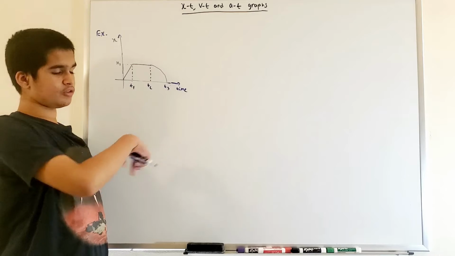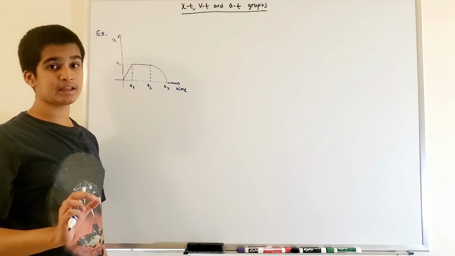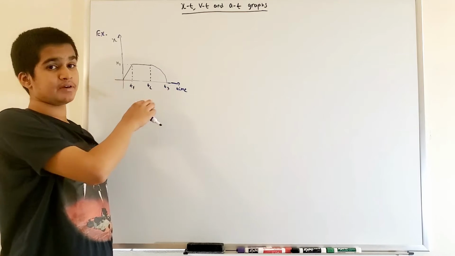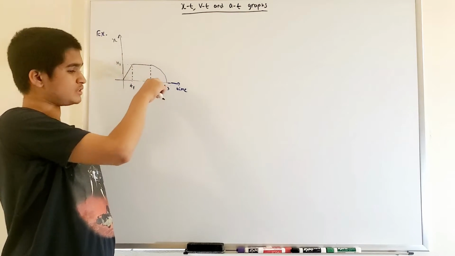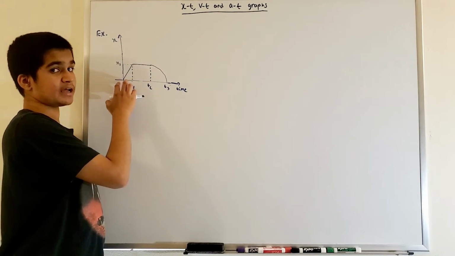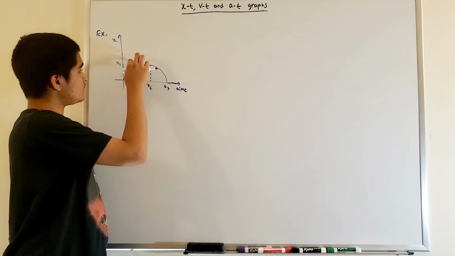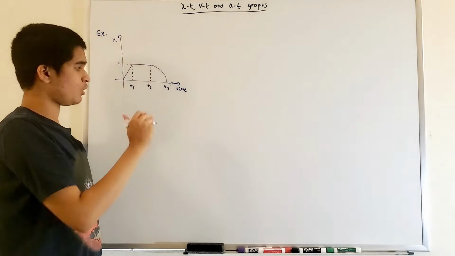Before we start to draw the velocity time graph and the acceleration time graph, let us first try to analyze how the object is behaving if it undergoes this displacement time graph. So we can see that the object is going to start at a displacement of 0, and the displacement is going to increase linearly to some displacement x1.